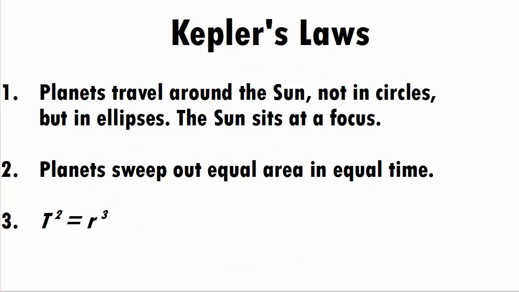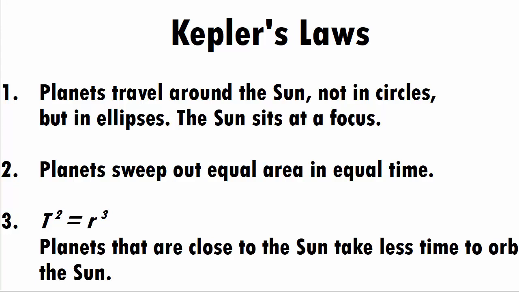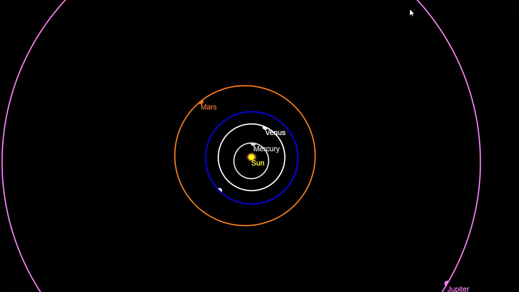And Kepler's third law says that the period squared is equal to the radius cubed of the orbit. This is a fancy way of saying that planets that are close to the sun take less time to orbit the sun. There's two reasons for this. Here's an animation of our solar system.